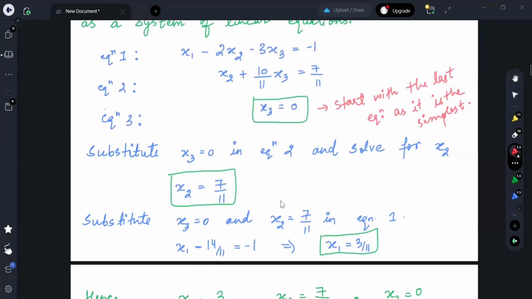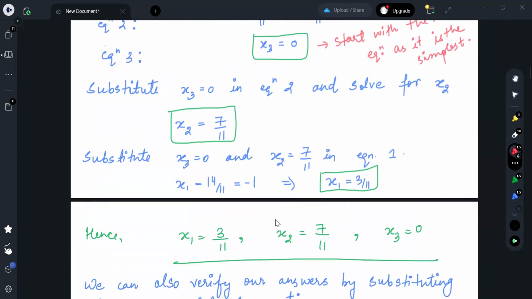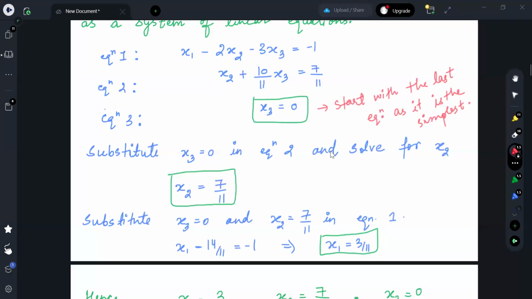I get this answer. I substitute x3 and x2 in equation 1 and I solve for x1. Some basic algebra going on here, and we are simplifying for x1, x2, x3. And you see the point of using back substitution. We start with the last equation and work our way up.